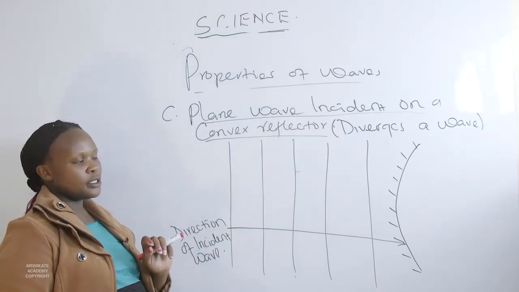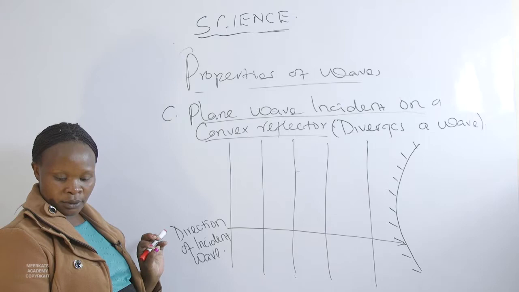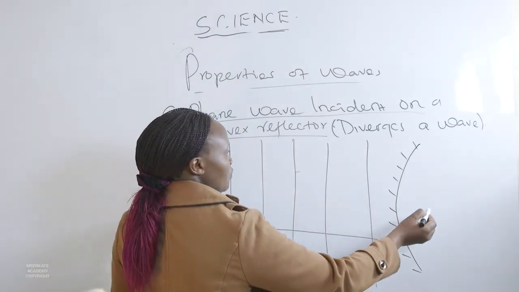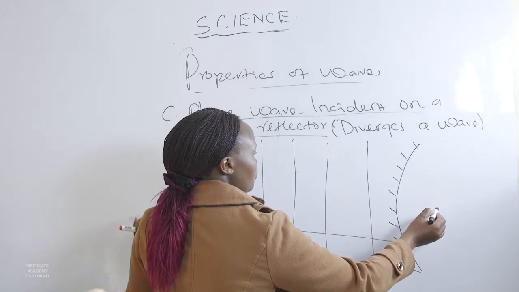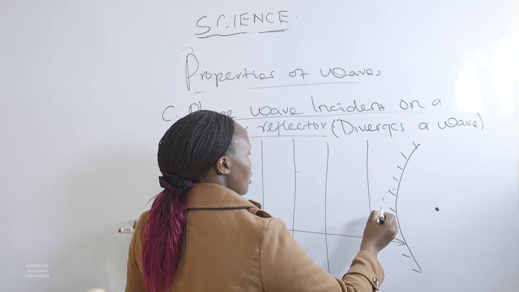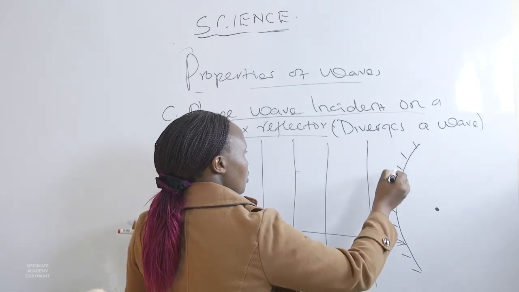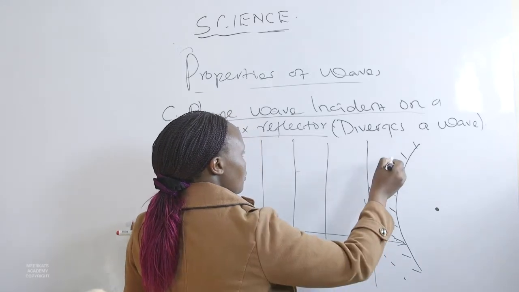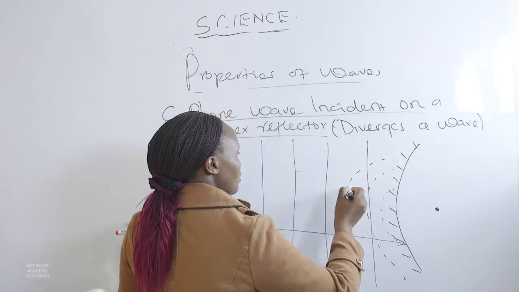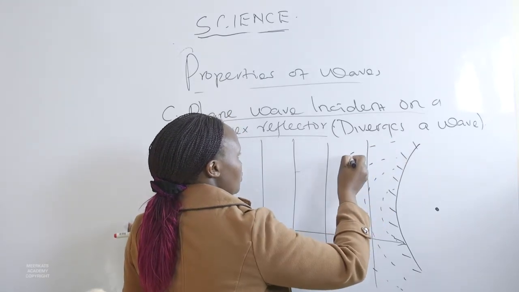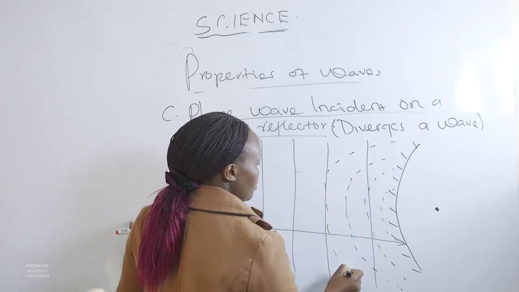Now, we expect our wave to diverge, to appear to diverge from a point in front of the reflector, so that now we are going to have our wavefronts changing from plane to circular.